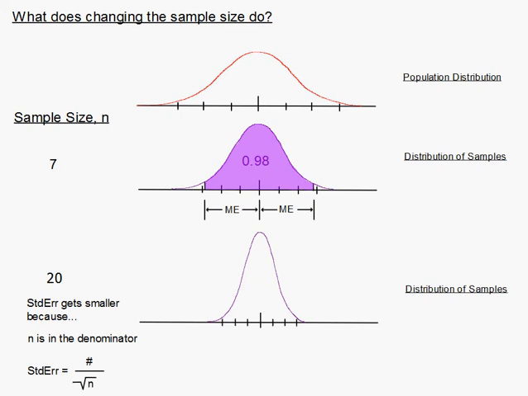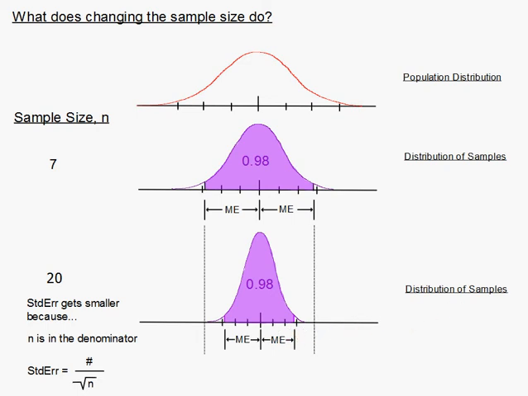It gets smaller, or more narrow, because sample size, this n, is in the denominator of the spread. So if you increase n, the spread decreases. And you'll get a margin of error for the same 98% confidence interval which is smaller than if you took a sample size of 7. So you can see that increasing sample size effectively reduces the margin of error for the same confidence interval.